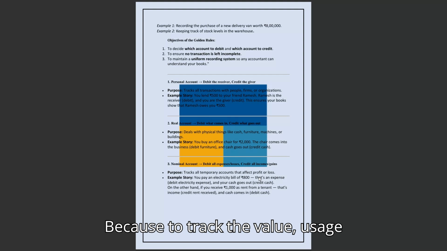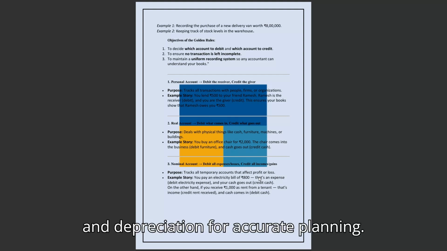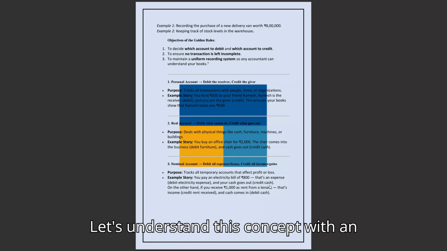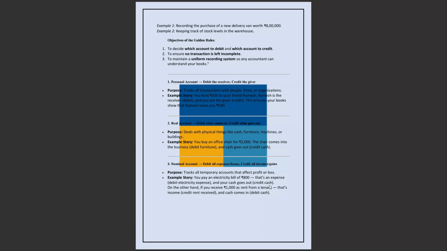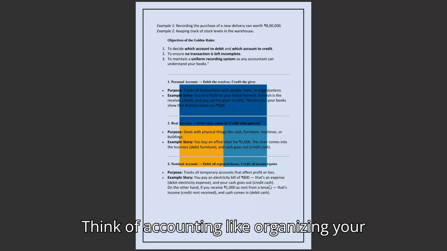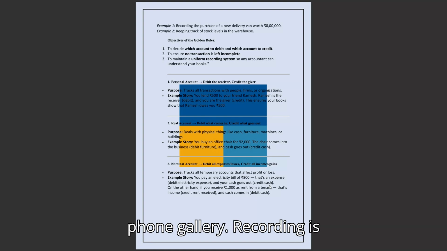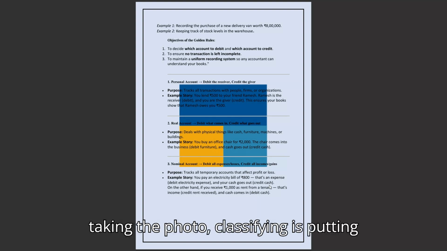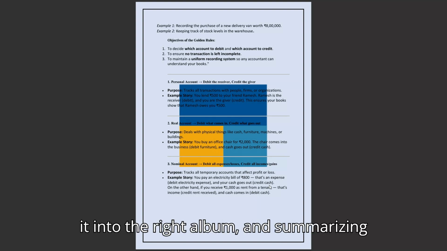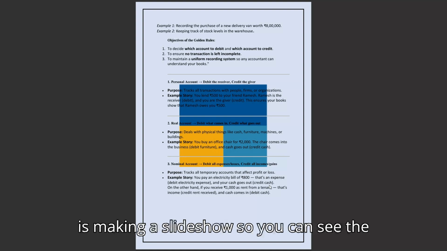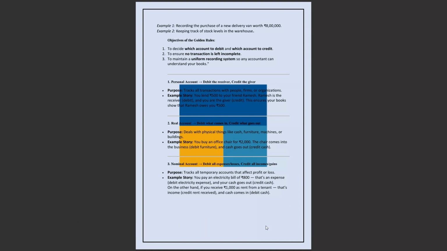To track the value, usage, and depreciation for accurate planning. Let's understand this concept with an analogy. Think of accounting like organizing your phone gallery. Recording is taking the photo, classifying is putting it into the right album, and summarizing is making a slideshow so you can see the whole story at once.